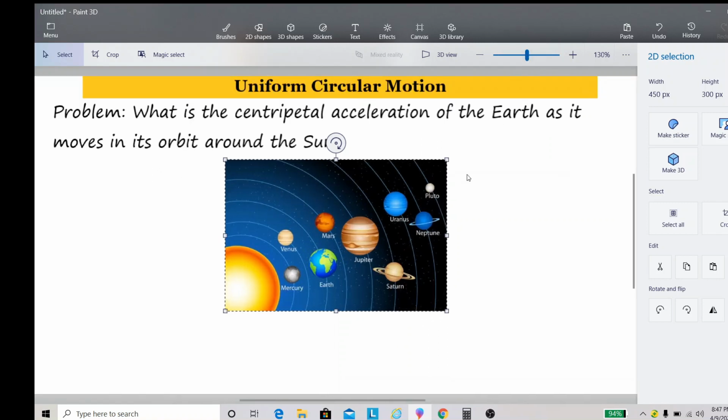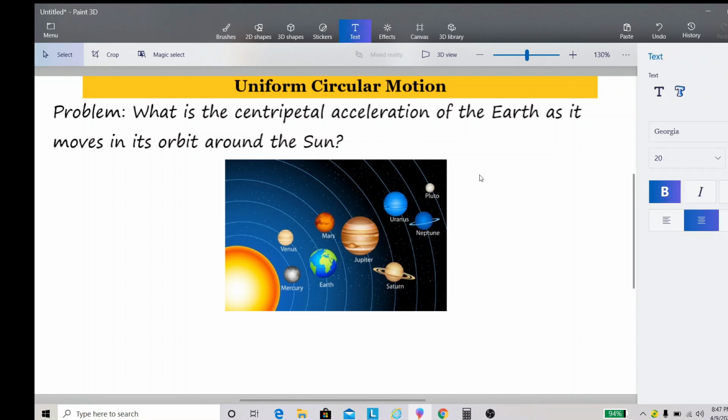Meron akong nakuhang picture sa Google, and if you try to notice, this is the Sun. The Sun is the center of the solar system, and moving around it are the planets with their respective orbit.